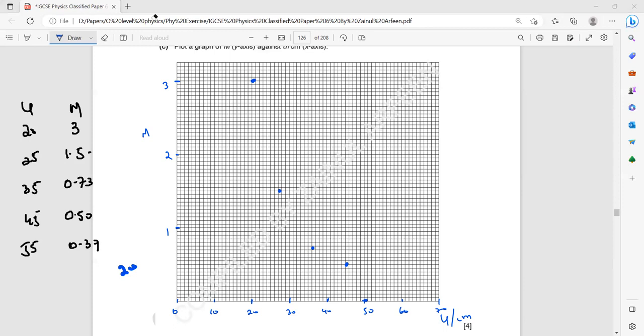On the x-axis, I selected 10 boxes equals 10, or one box equals 1. Here with 20 boxes, two boxes equals 0.1. And then 55 and 0.37. So 1, 2, 3, 4, 5, 55, and the point will be 0.1, 0.2, 0.3, 0.35. So 0.37 will be somewhere here.